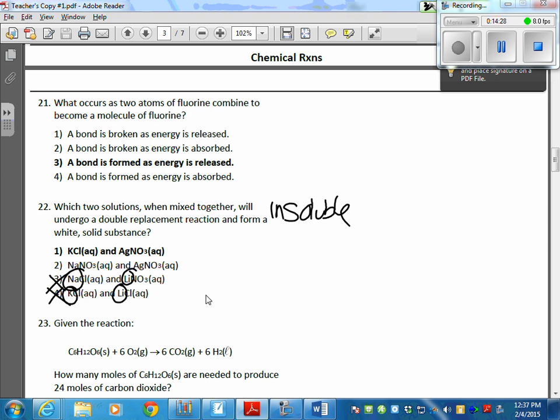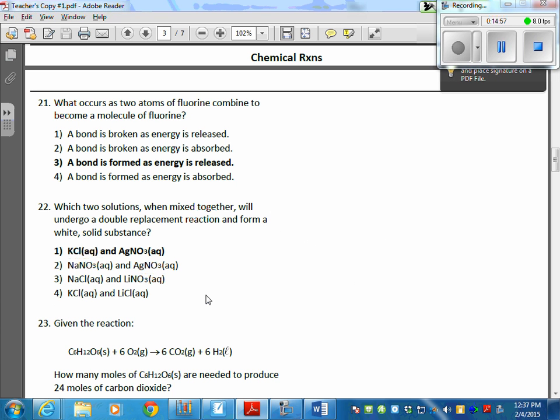So that means that no matter how they switch, they're always going to be soluble. If we look at number 2, when I switch and I have Na with NO3 right here, when I switch, it's going to still be with NO3, okay? And Na is always soluble. Ag is sometimes insoluble, but nitrates are always soluble too, so it's definitely not number 2. Process of elimination gives me number 1.